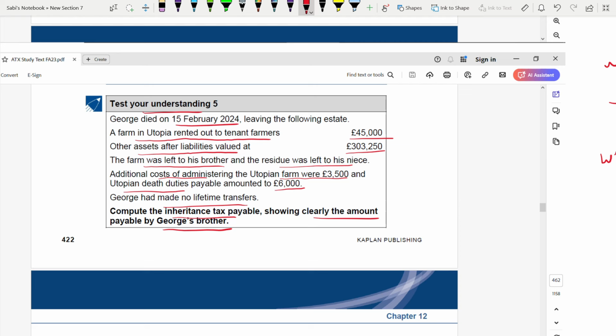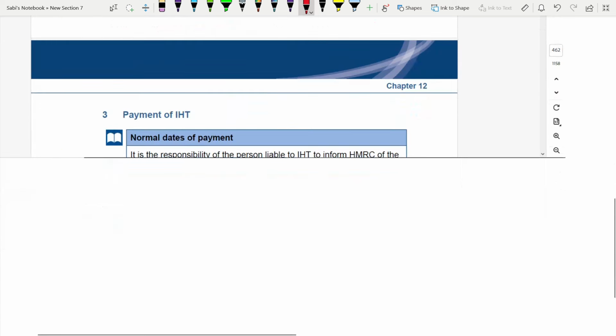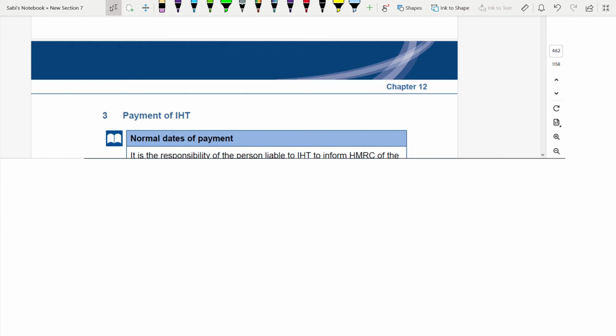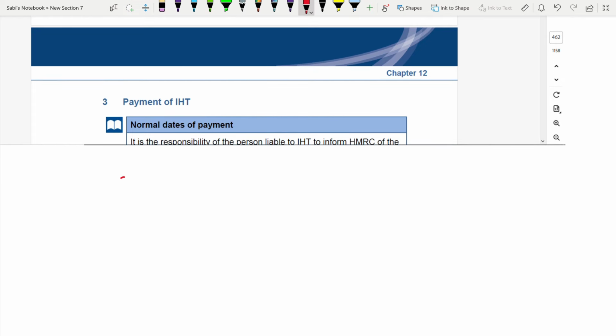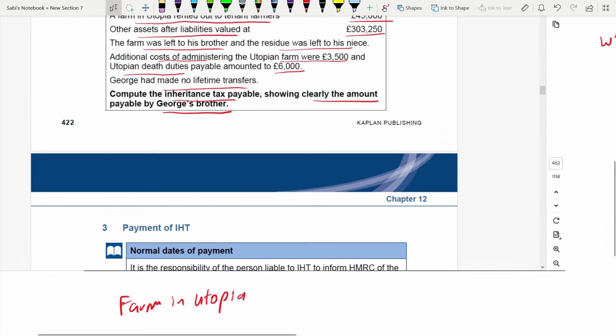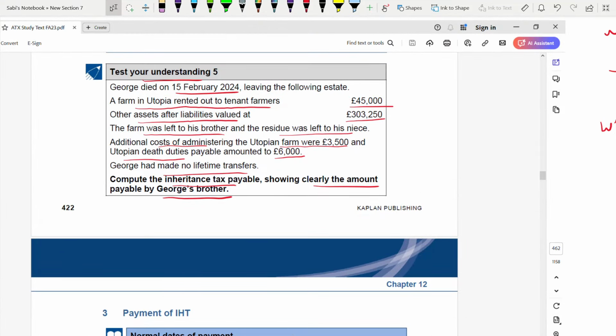So now, where do you start? Estate valuation. You have to add all the assets. Farm in Ethiopia. Remember, this is Ethiopia. It's a farm.